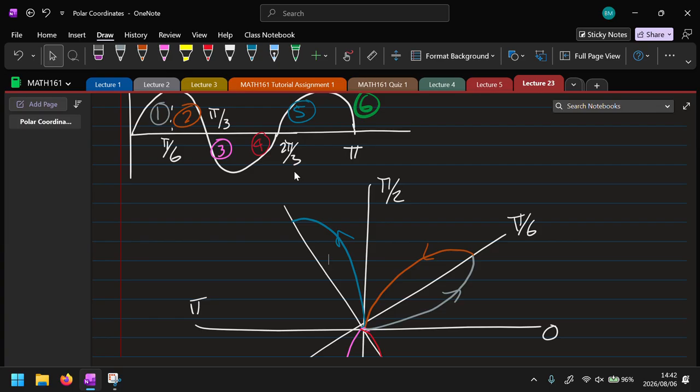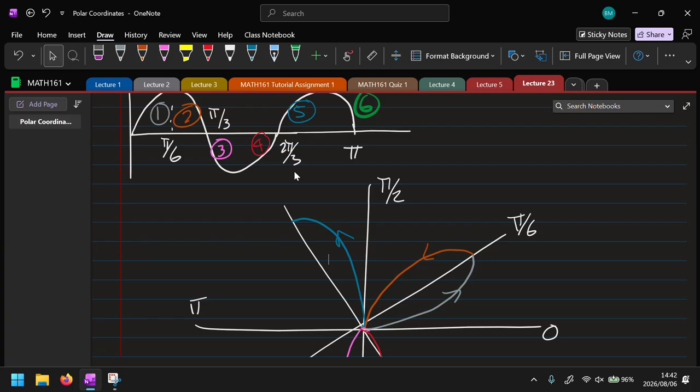So where would that be here? Split this. You see that? 2 pi over 3 down to pi. You see that?